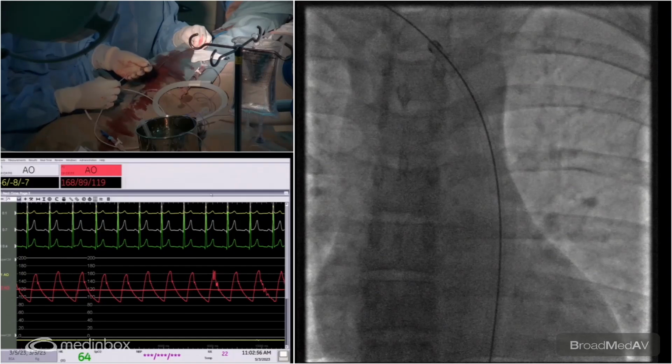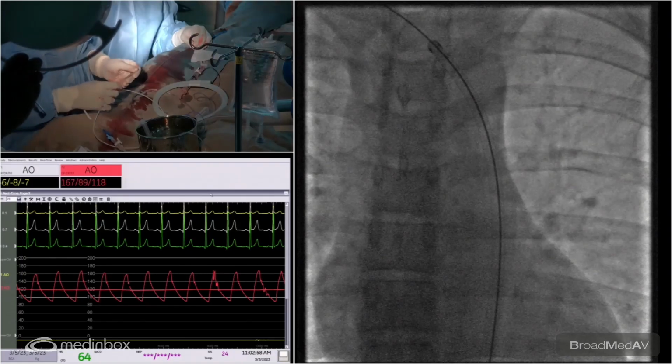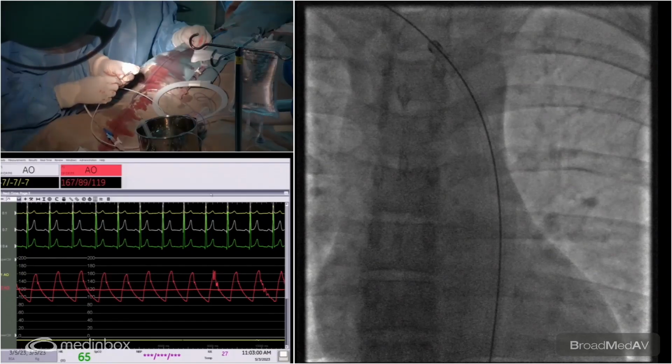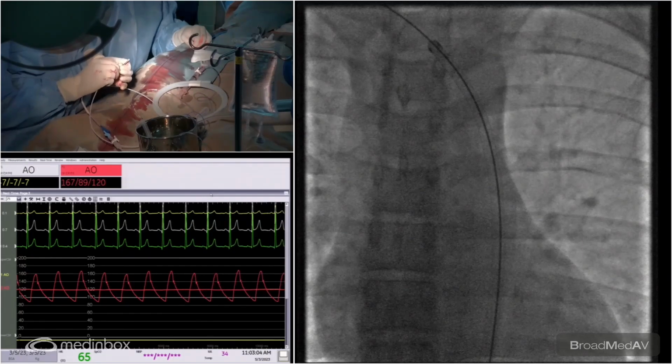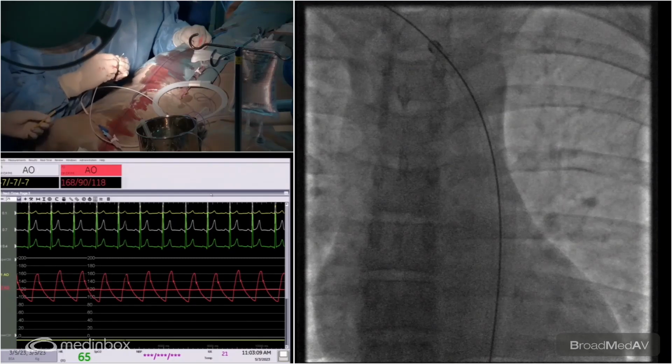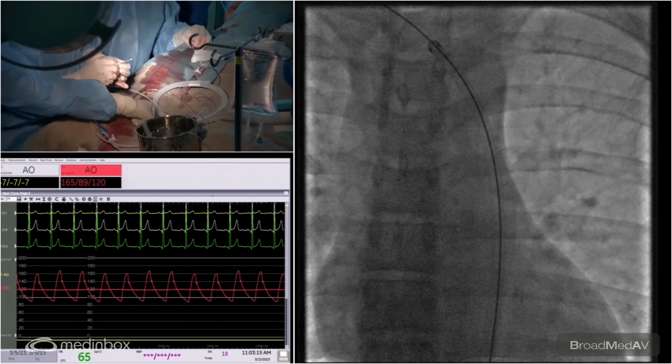So now we are mounting a cobalt chromium 34 millimeter, 38 millimeter hybrid cell design stent. It's just manually crimped with the fingers.